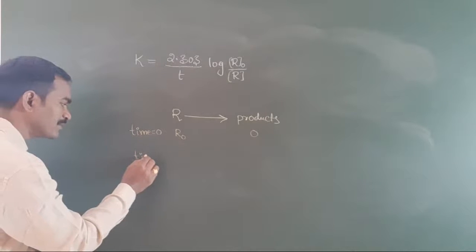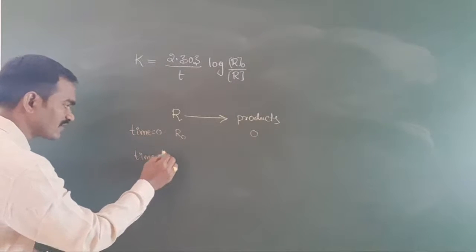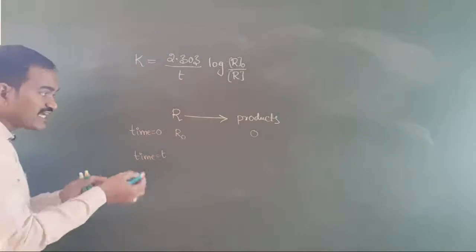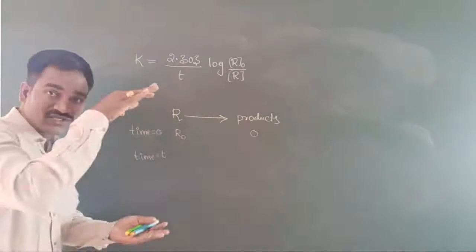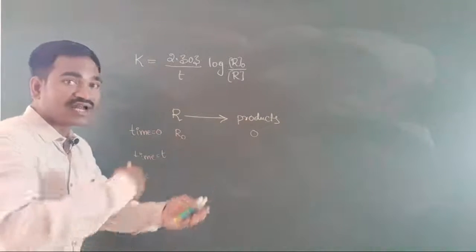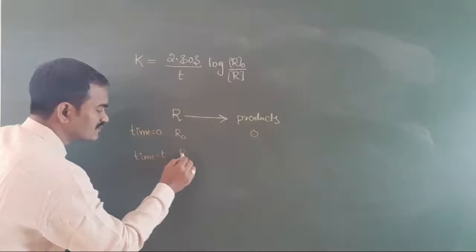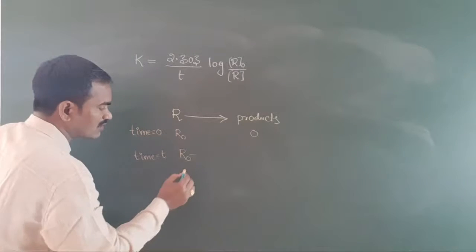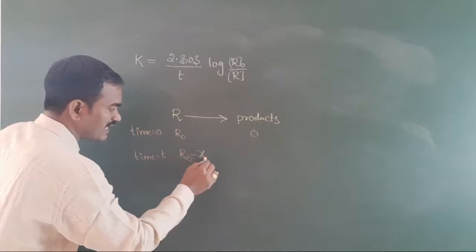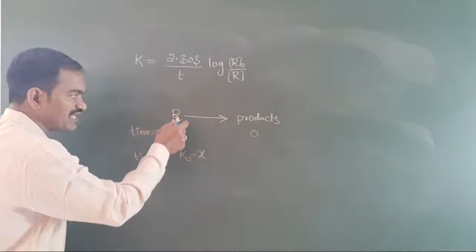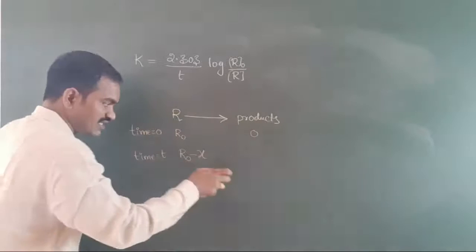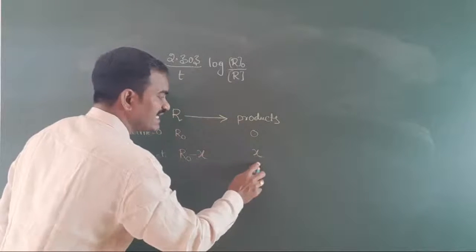But next time T, after T time, reactant concentration decreases, products concentration increases. So here you can see this R naught minus X. X quantity of reactants concentration decreases, that same quantity increases.